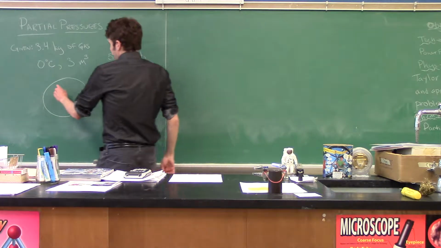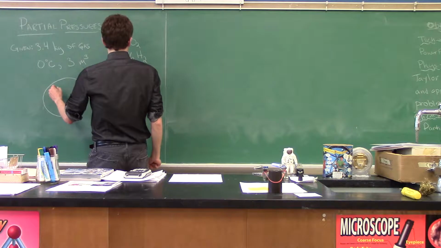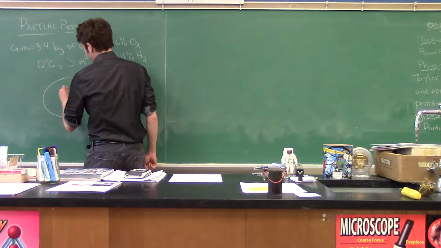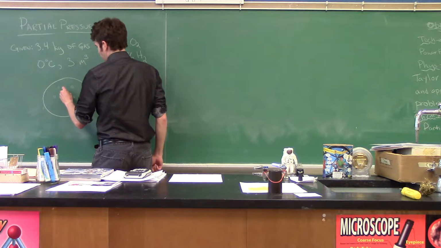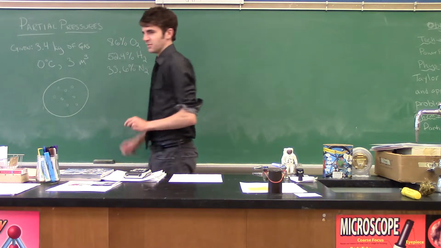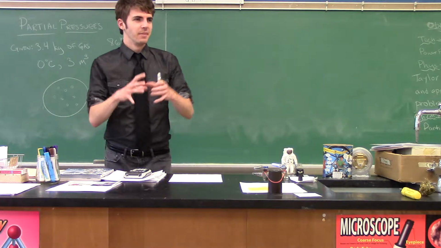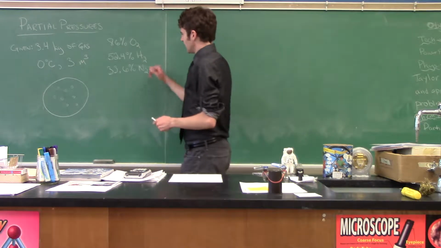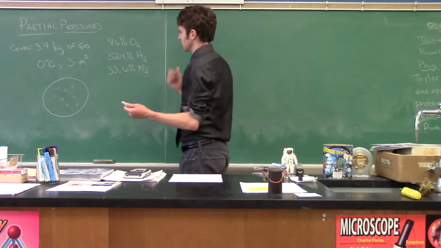All right, so let's represent oxygen as little circles in here, because oxygen is an O anyway. And these are actually O2 molecules, so these are two little guys stuck together. I know I've only represented them as one circle, or imagine them as whole particles. All right, let's do hydrogen as little boxes then.